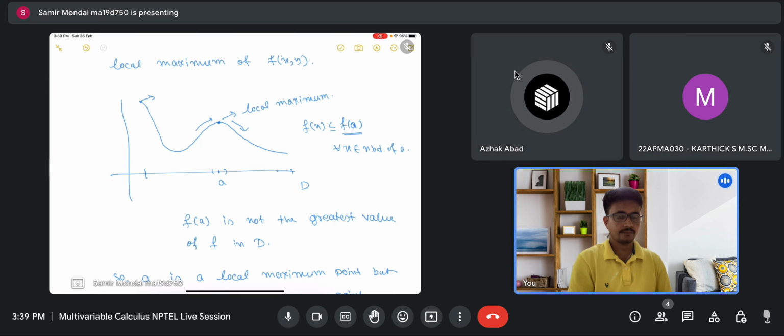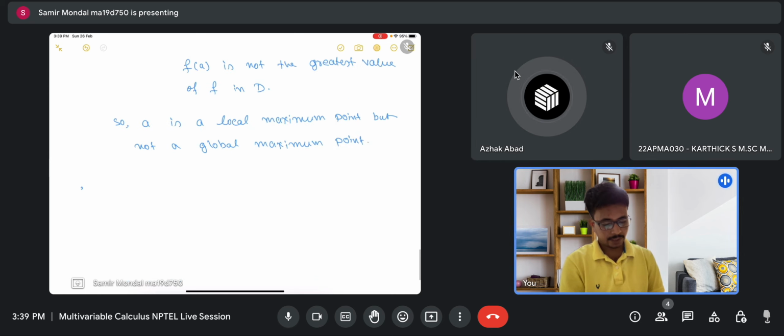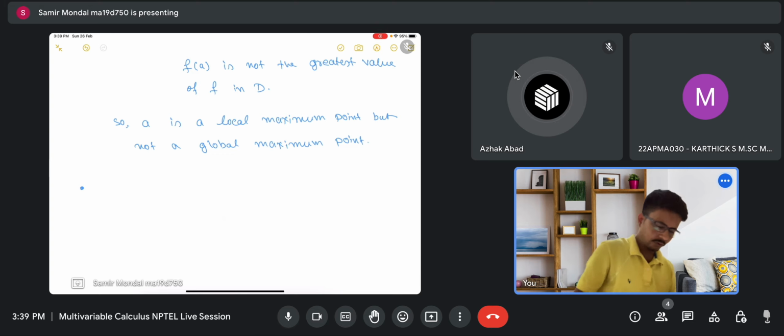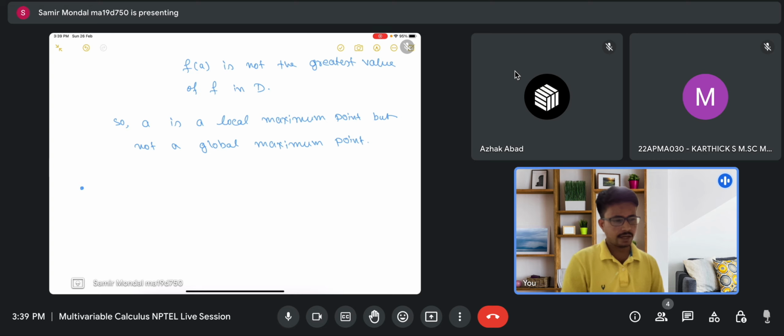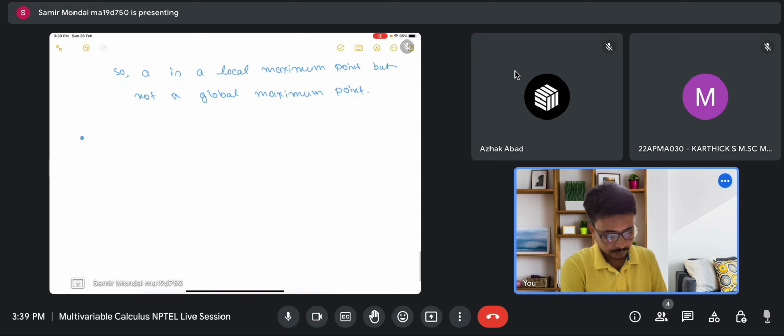Yes, sir. Okay, so the same concept we can define for a two variable function. That time you can also call it global, or I am using a different name for two variable functions, absolute maxima.